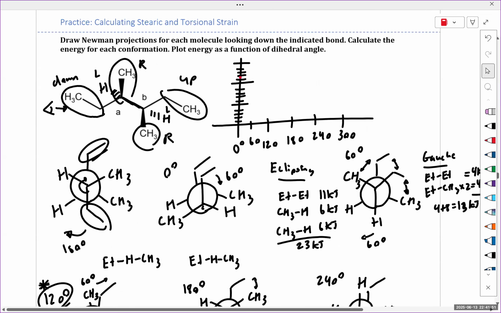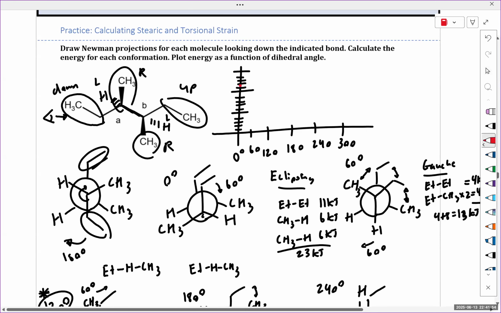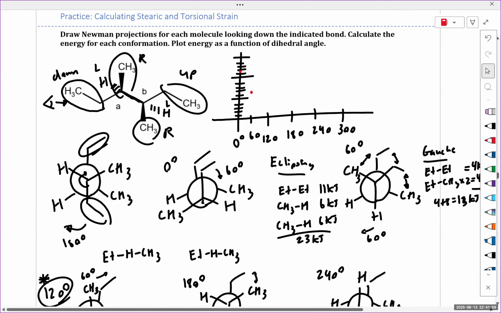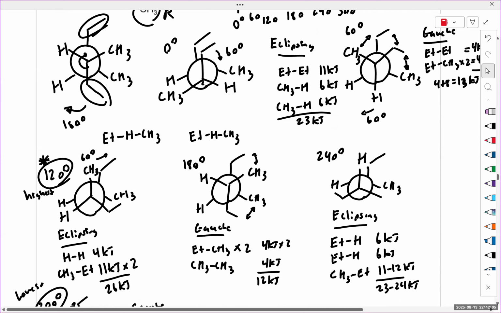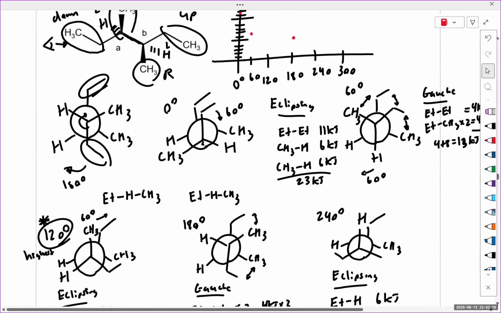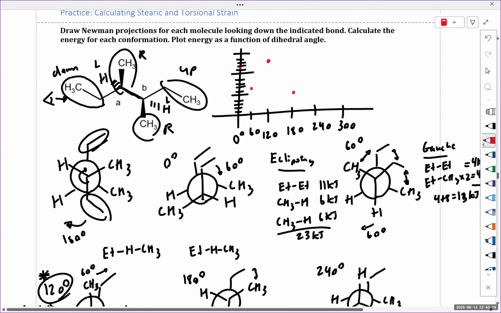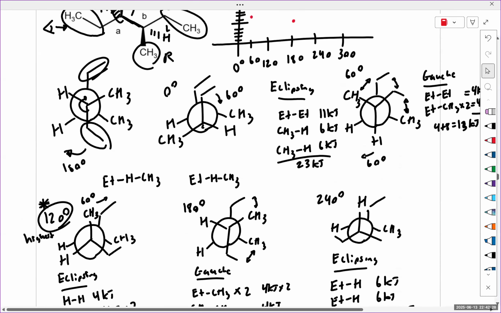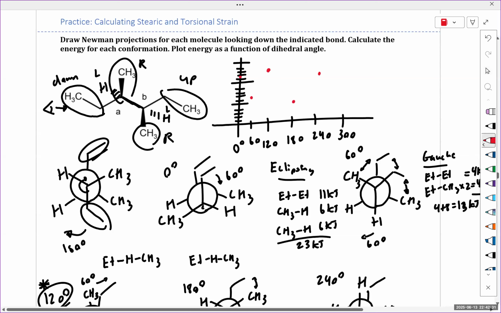The 60-degree conformation is around 13, about here. 120 was around 26, about here. 180 was around 12, about here. 240 is about 24, is about here. And finally, 300 was around 8 kilojoules per mole of strain.